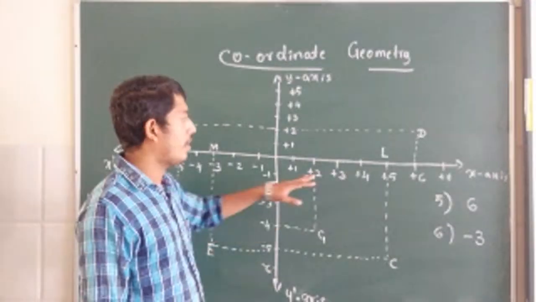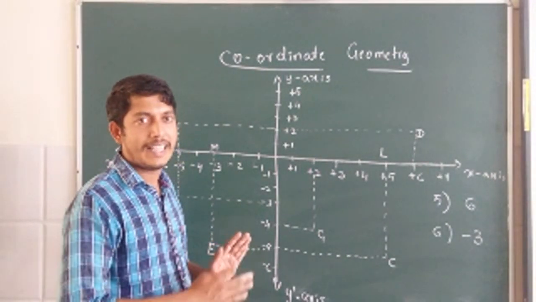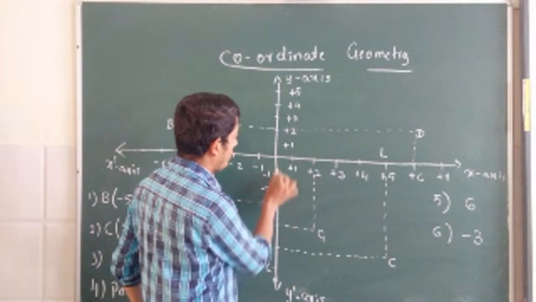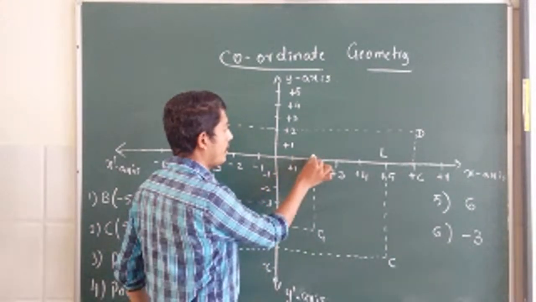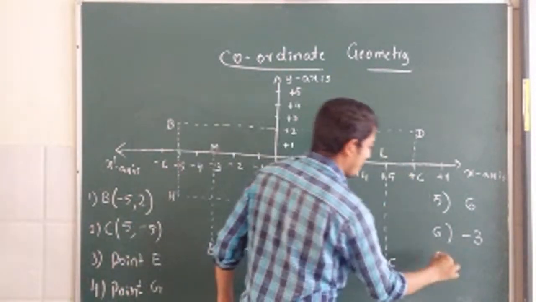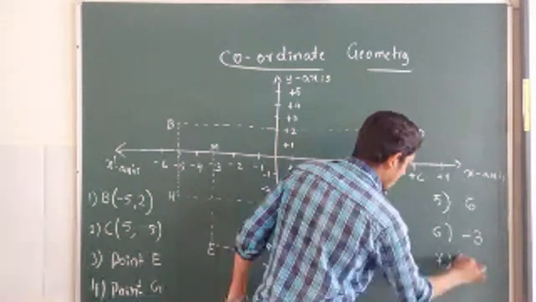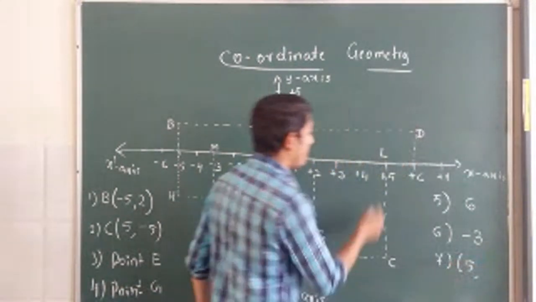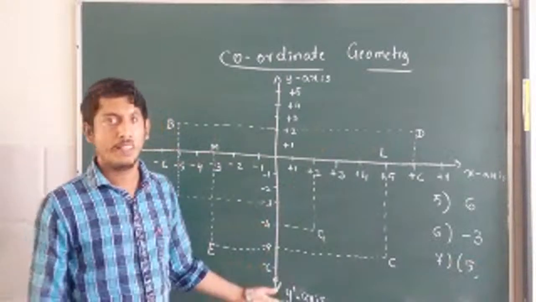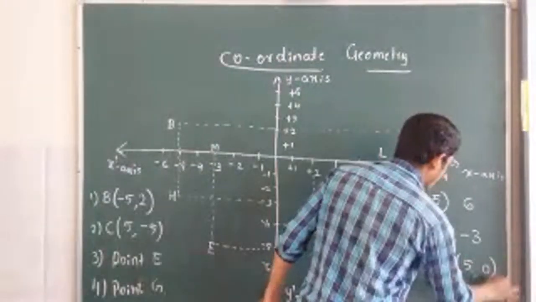First we take the x-axis value. How much distance is traveled? Plus 1, plus 2, plus 3, plus 4, plus 5. Plus 5, and it does not travel any distance on the y-axis, therefore it is 0. Therefore the answer is 5, 0.